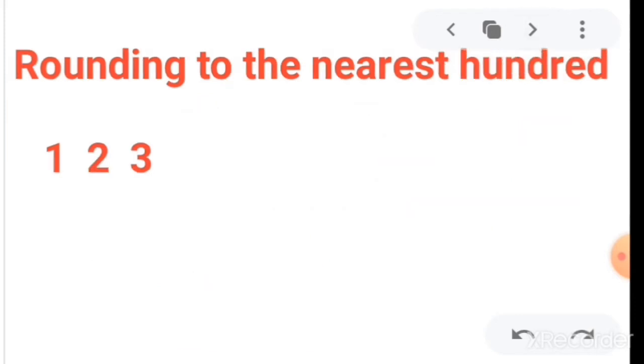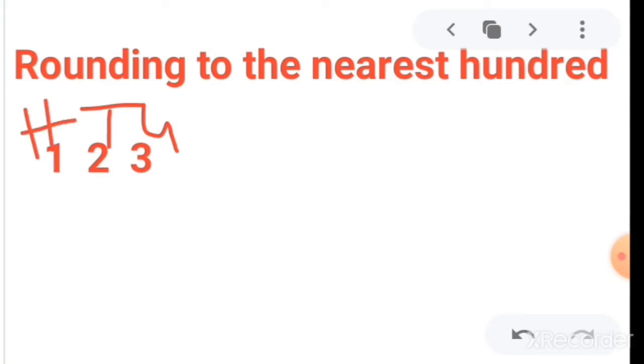Now we want to see how to round numbers to the nearest 100. To round numbers to the nearest 100, still using our place value system, we want to know which number is in the 100 position. So starting from the right, we have the unit, we have the 10, and we have the 100.